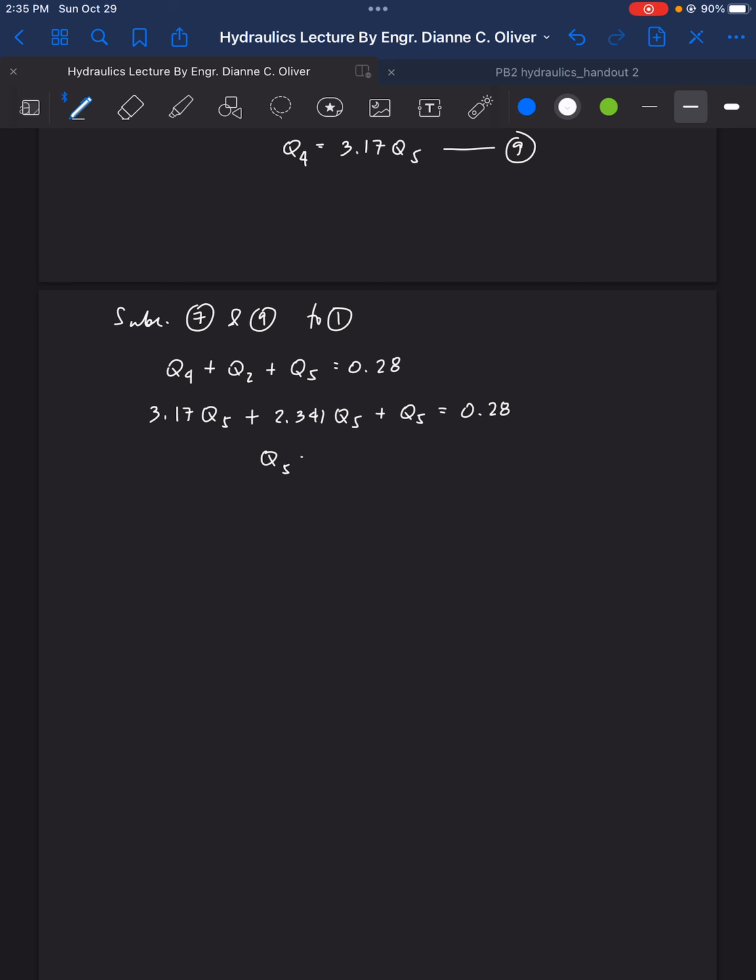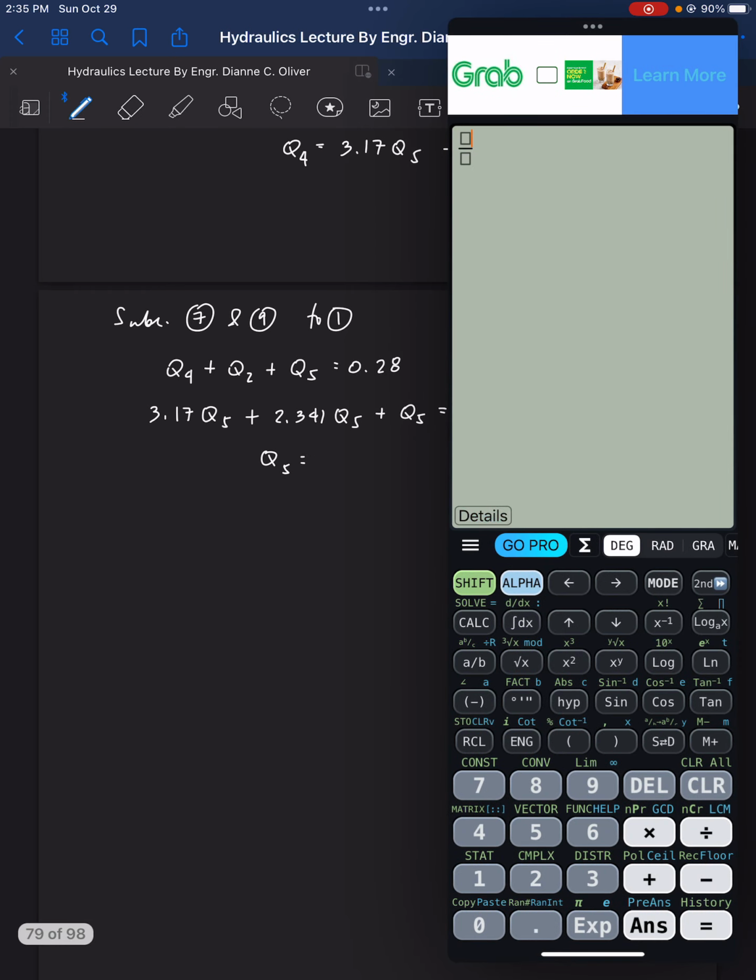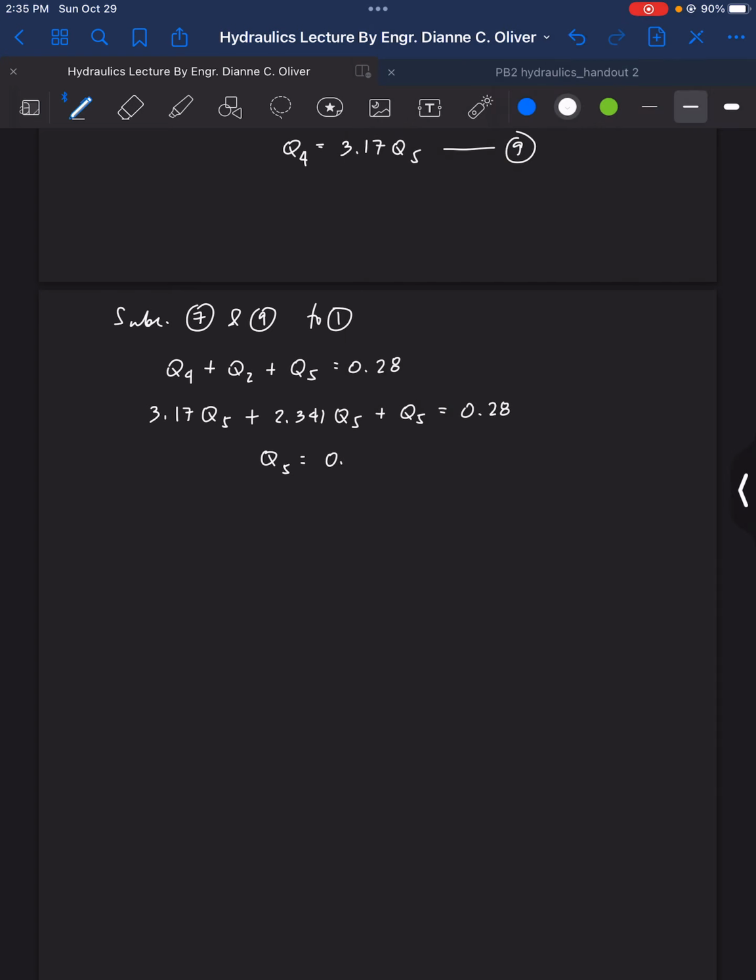So Q5 is equal to 0.28 all over 3.17 plus 2.341 plus 1. So that is 0.043 cubic meter per second.